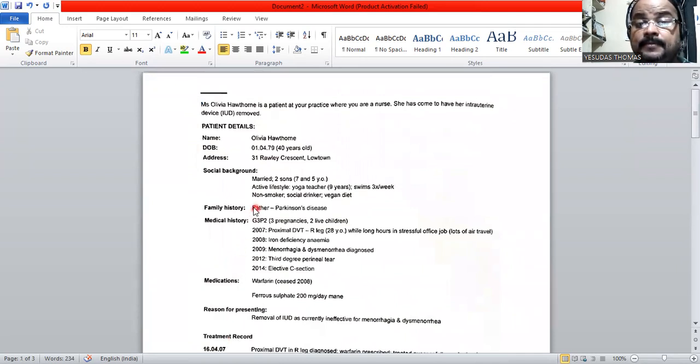So let us go ahead with the date of birth. Date of birth is what we need to say instead of age. We are not going to calculate the age because the date today is different, tomorrow's date will be different.